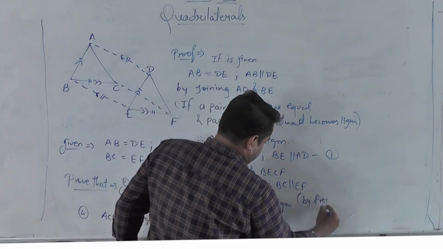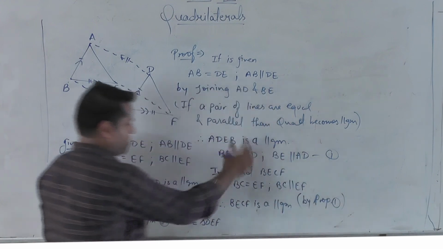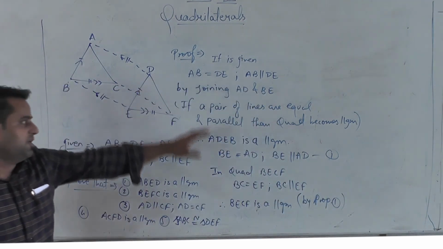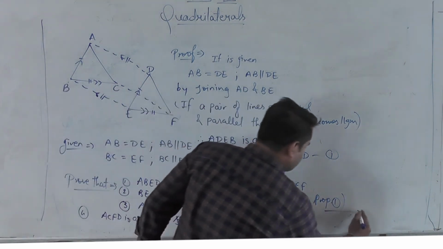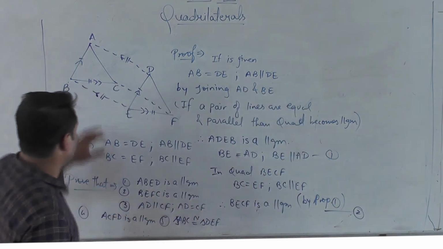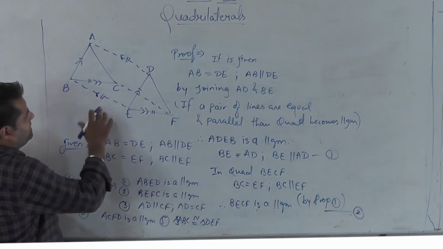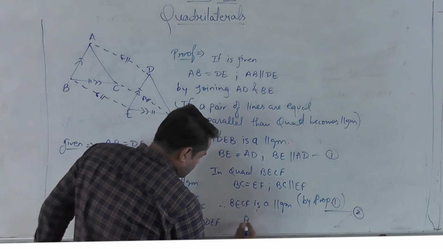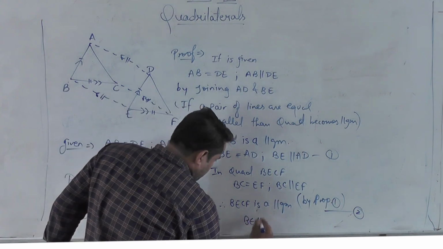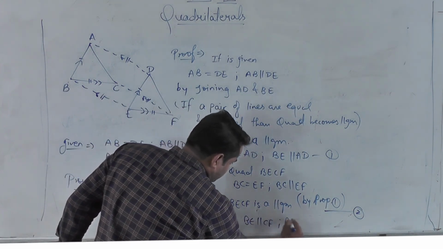I am writing the property again because we apply the same property we applied before. So this is the second proof that BEFC is also a parallelogram. With this, we can say that BE is equal to CF and parallel to CF as well.